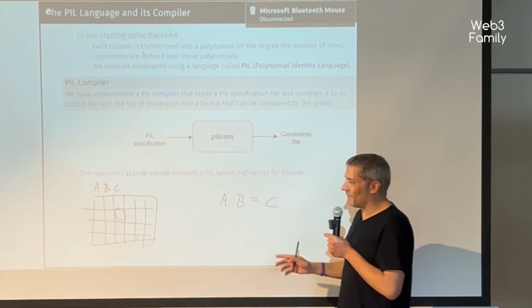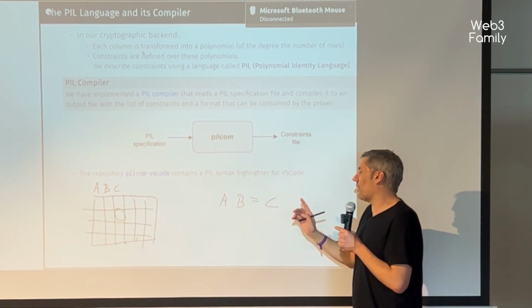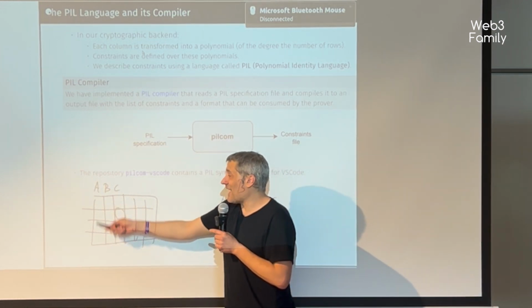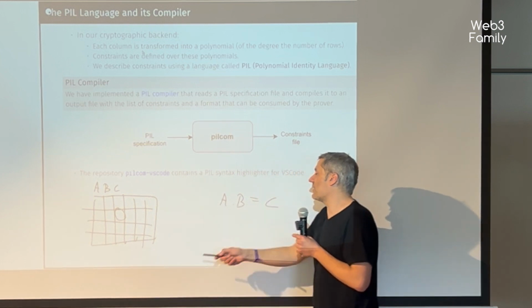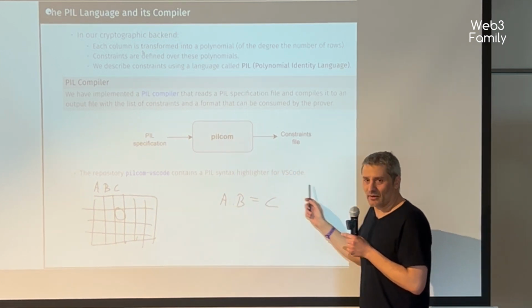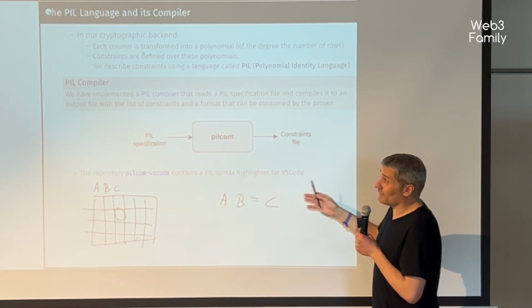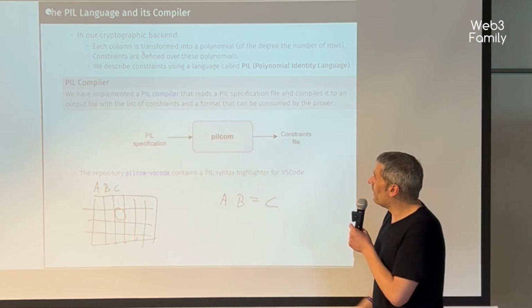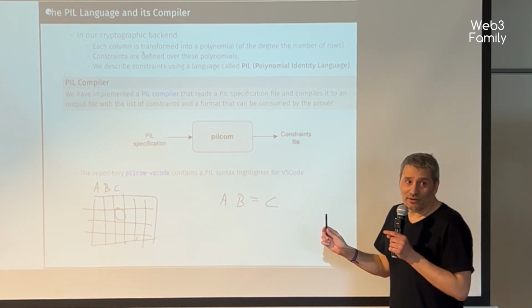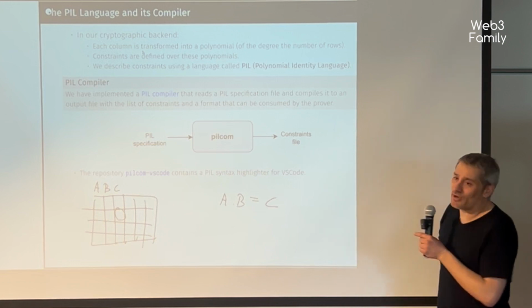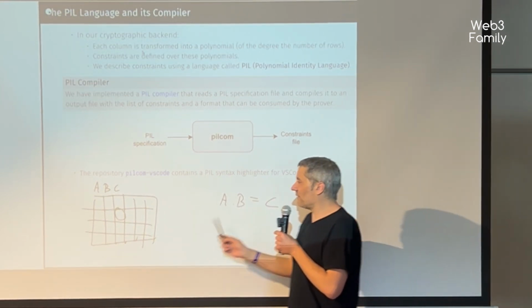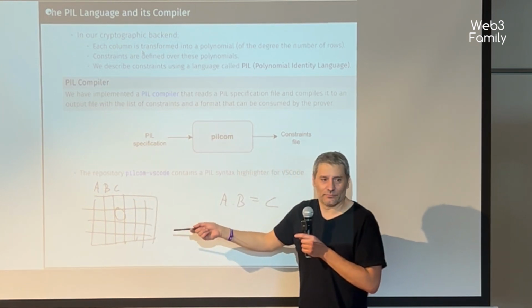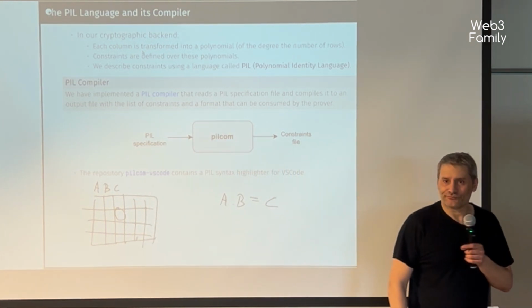Then we say that this set of polynomials, because each column is converted into a polynomial, should fulfill this equation, this identity. And then we have another language, the PIL, polynomial identity language, which is a language to describe what these columns must fulfill.